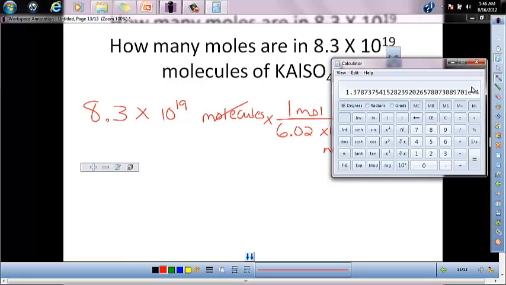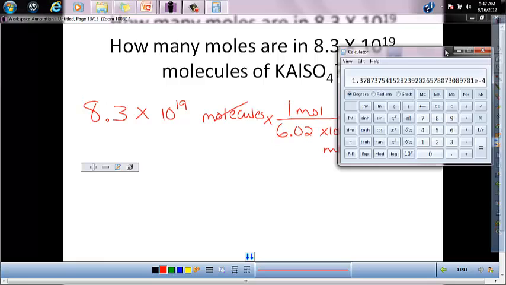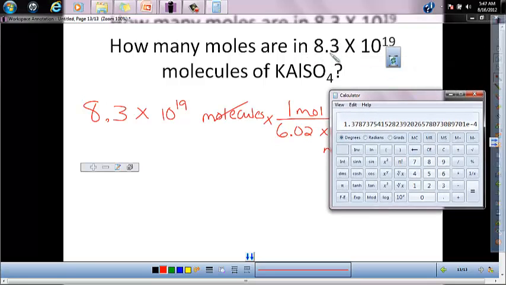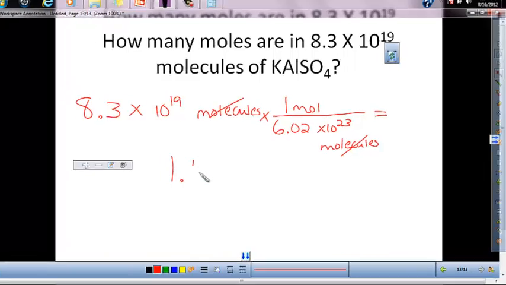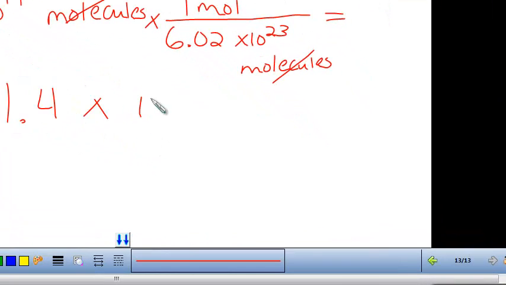So that little e, when you see it on your calculator, e means times 10, and any number after it is the exponent. So we're going to need 2 sig figs, so 1.4 times 10 to the negative fourth, and your unit's moles.